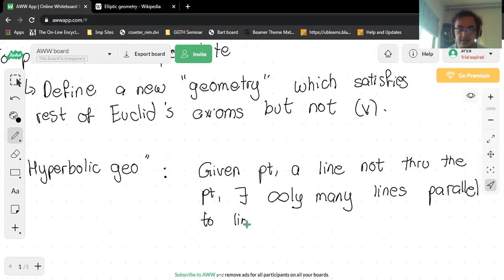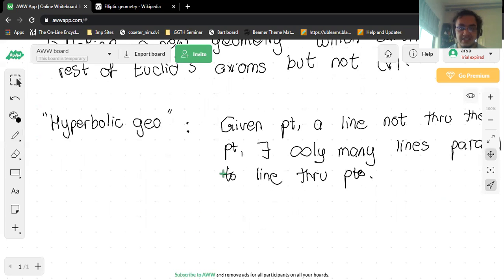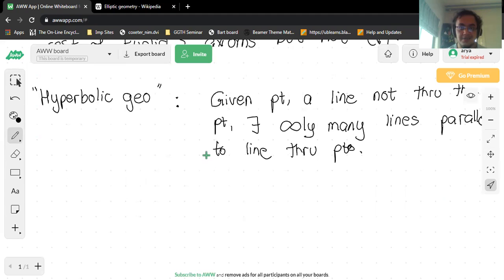So hyperbolic geometry is one way this was constructed, and the second geometry that was constructed, by Lobachevsky, was known as the elliptic or spherical geometry.